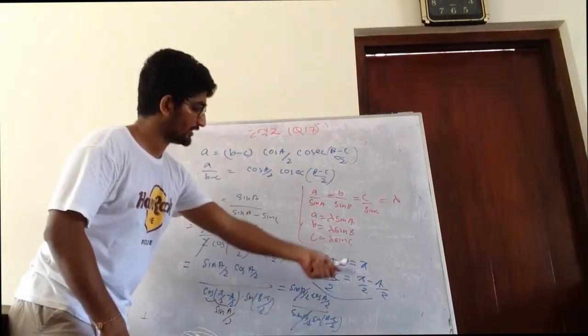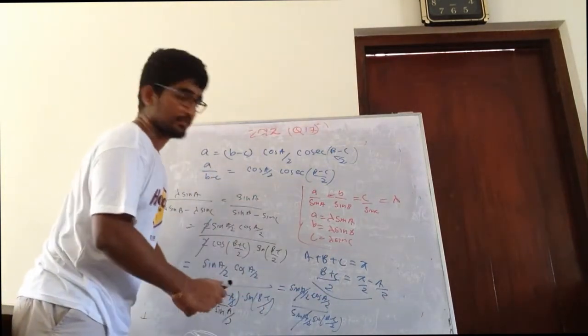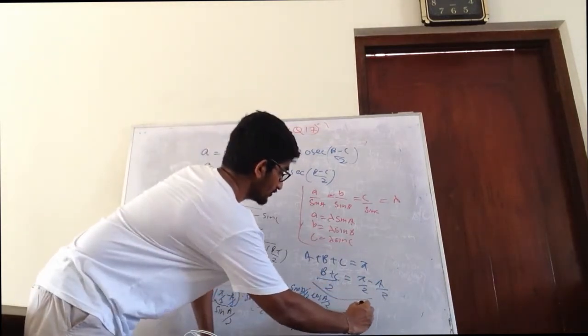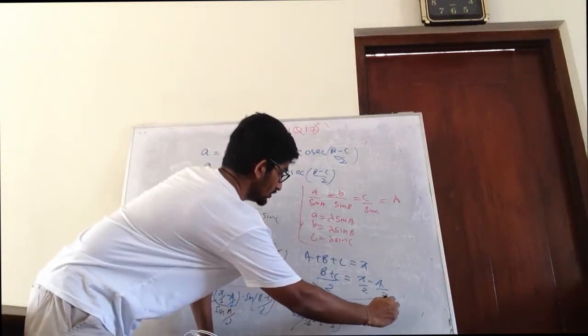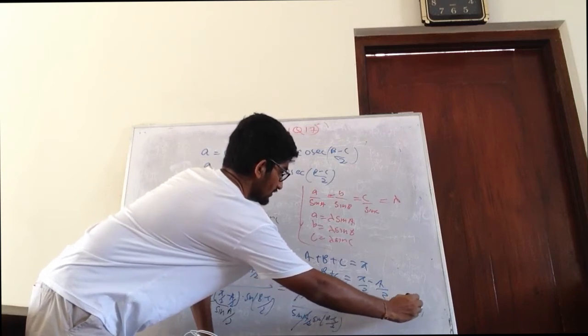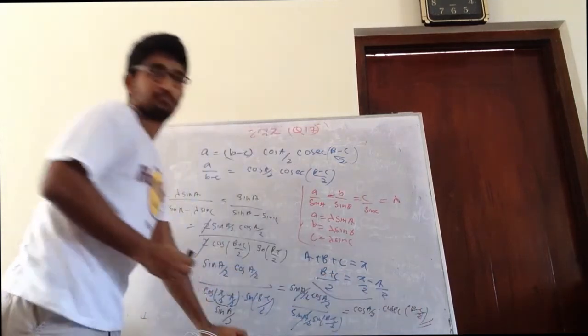This cos A, if I take this up, it will be cos A over 2 cosec (B minus C) over 2.